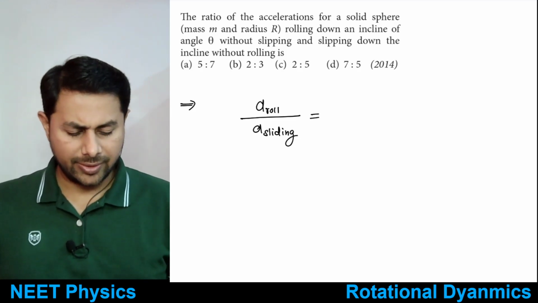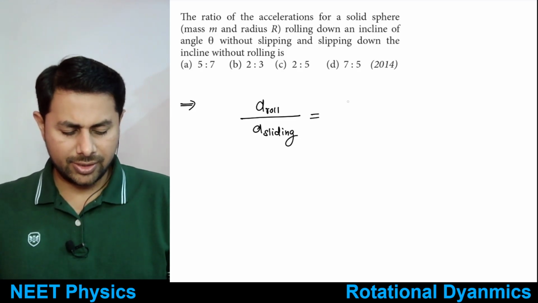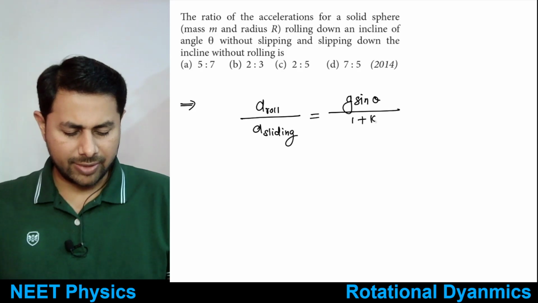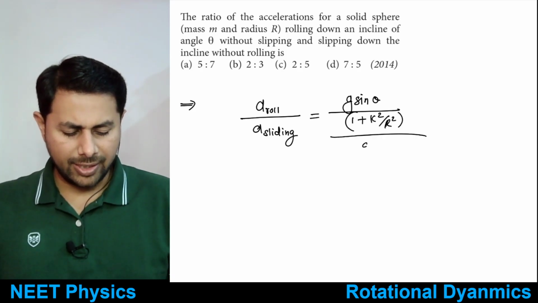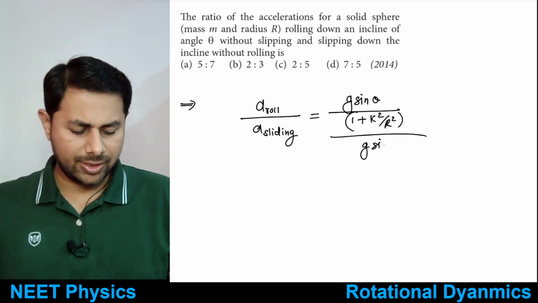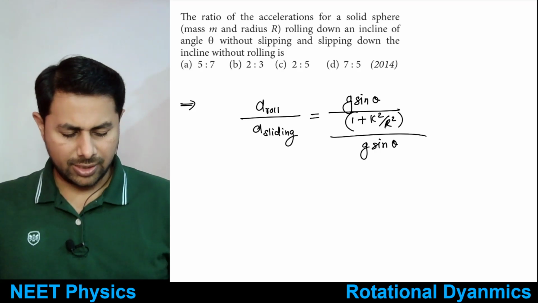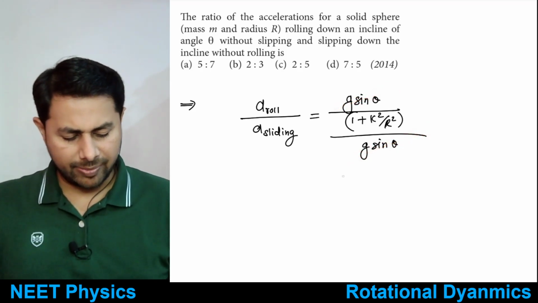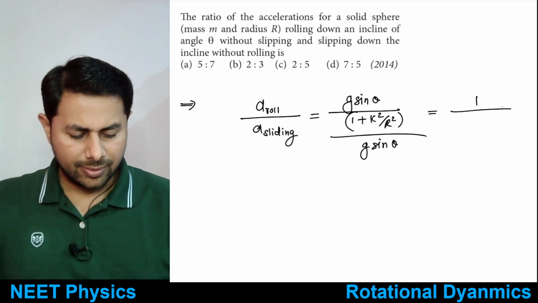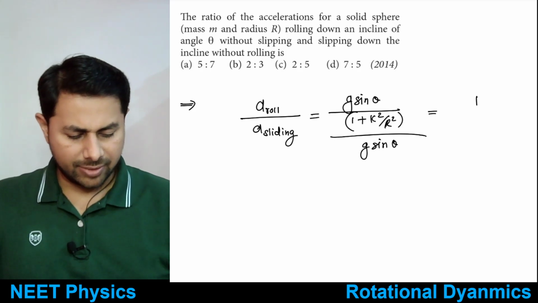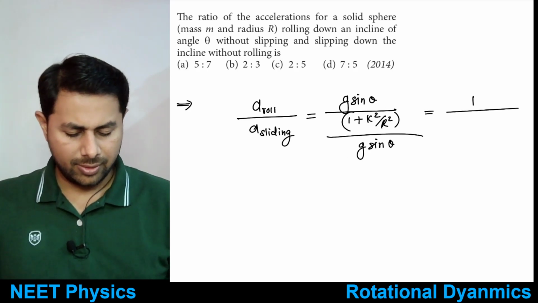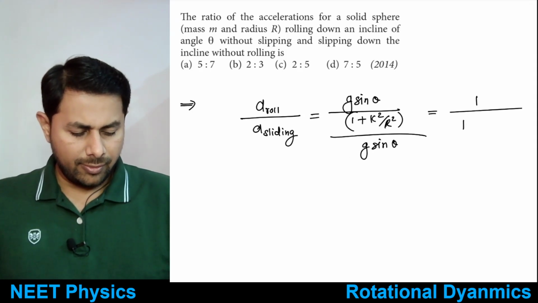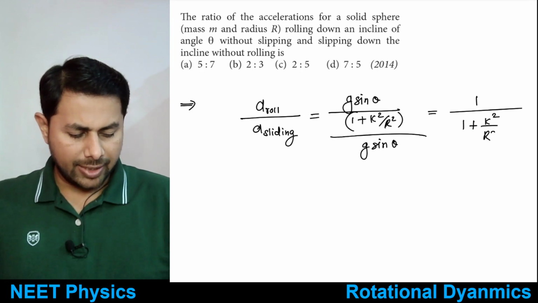So this is g sine theta divided by 1 plus k square upon r square, divided by the acceleration in sliding motion, which is g sine theta. So g sine theta and g sine theta get cancelled out. So it is 1 upon 1 plus k square by r square.